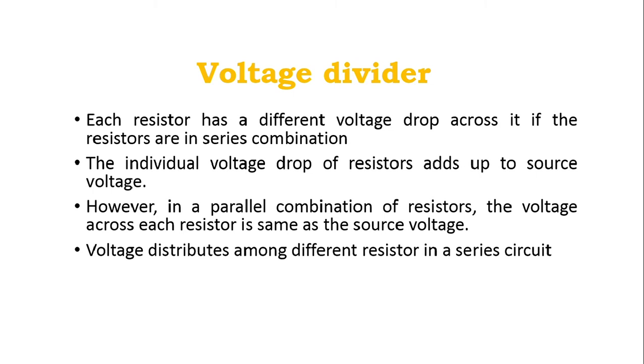Okay, voltage divider, each resistor has a different voltage drop across it if the resistors are in series combination. Okay, kalau in series, awak dah tengok tadi kan, voltage ni adalah berbeza. Yang sama adalah current. The individual voltage drops across the resistors add up to the source voltage.